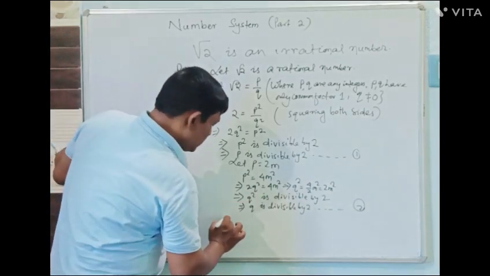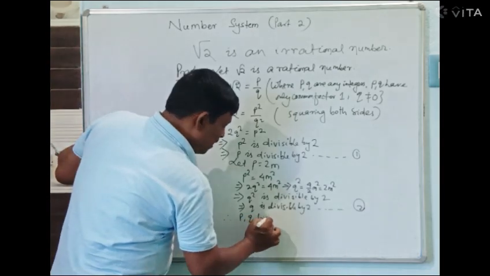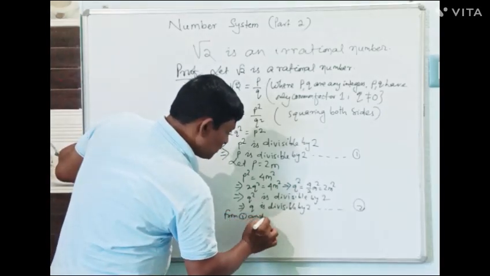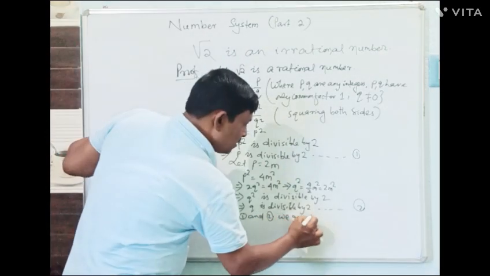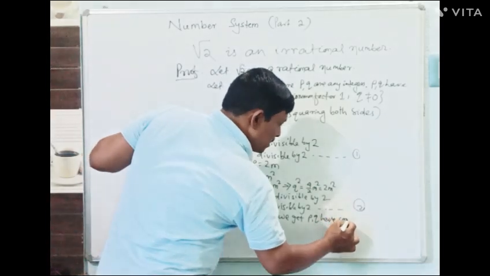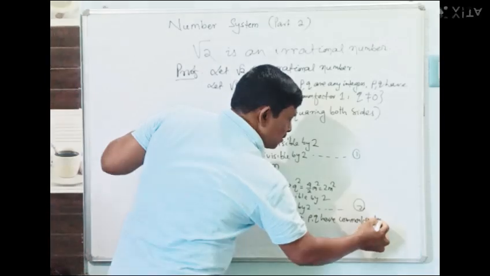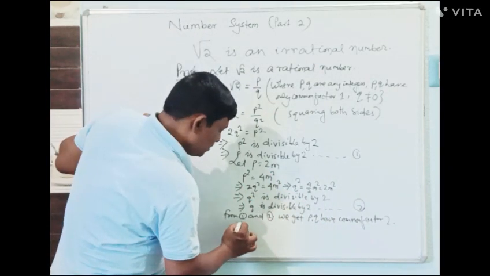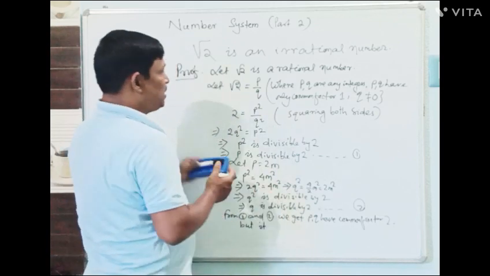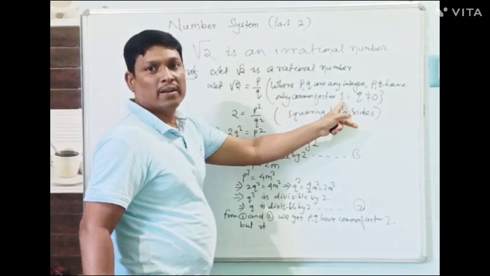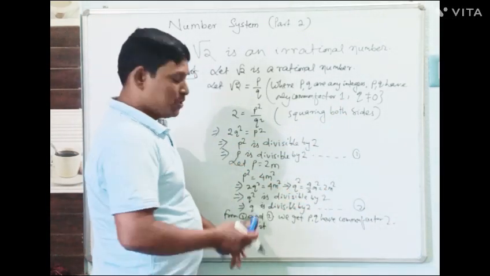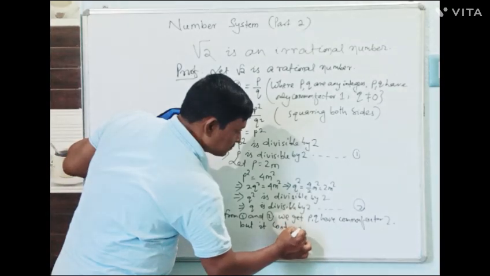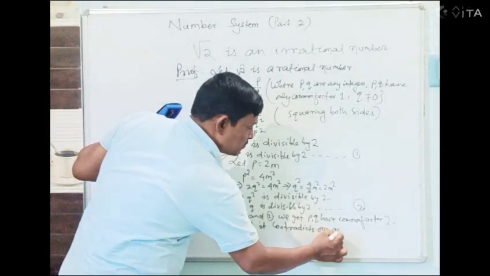So from 1 and 2 we get that p and q have common factor 2. But we assumed that p and q have only common factor 1, and here we get that p and q have common factor 2. So it contradicts our assumption.